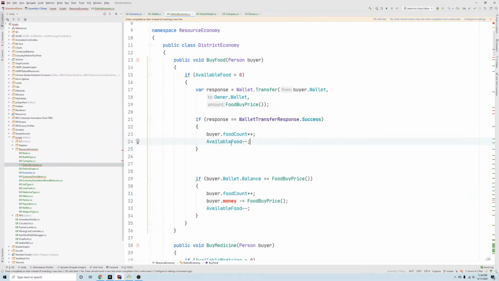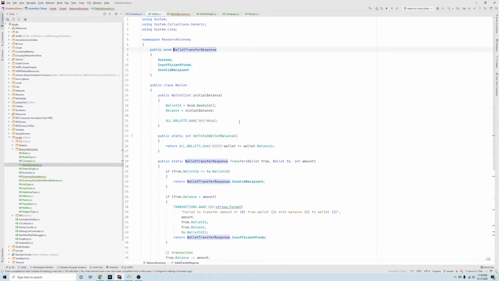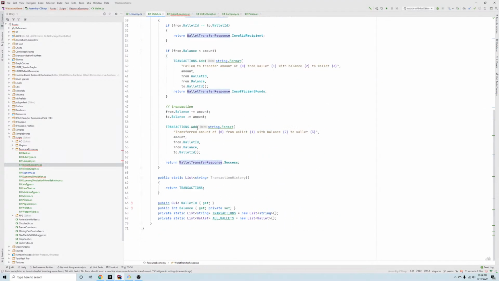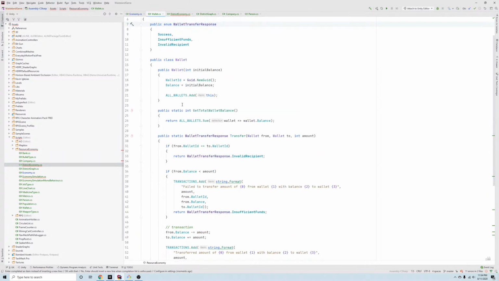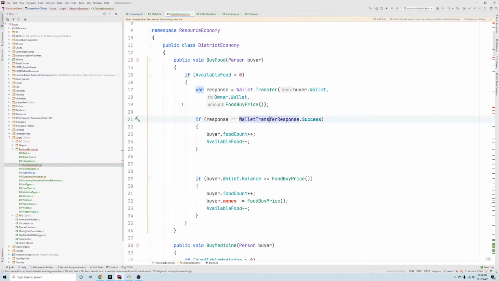And right now I'm only doing this wallet process for money, but it might make sense for resources to also work this way. However, I envision resources coming out of thin air. So I'm not doing any equivalent exchange for resources.